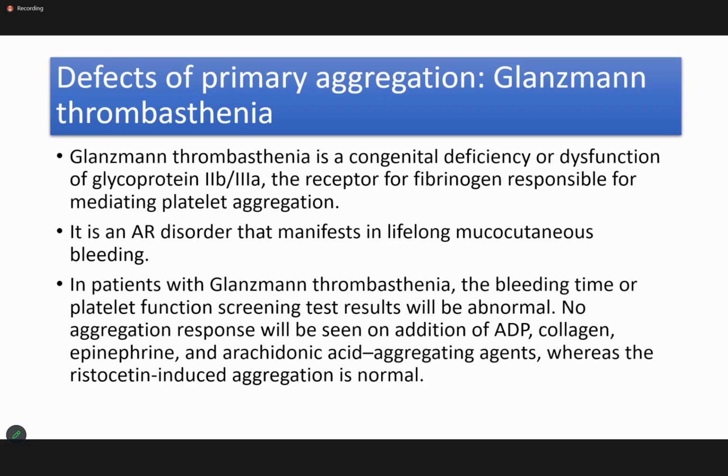In patients with Glanzmann thrombasthenia, the bleeding time or platelet function screen test result will be abnormal. There will be no aggregation with ADP, collagen, epinephrine, and arachidonic acid, whereas the ristocetin-induced aggregation is normal.